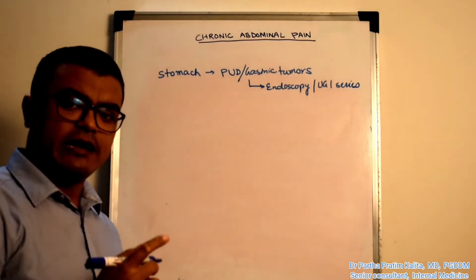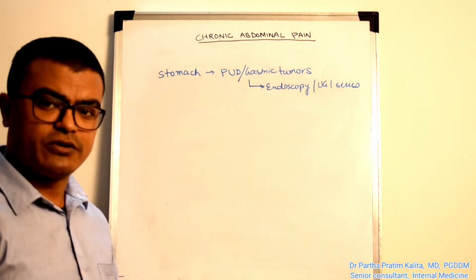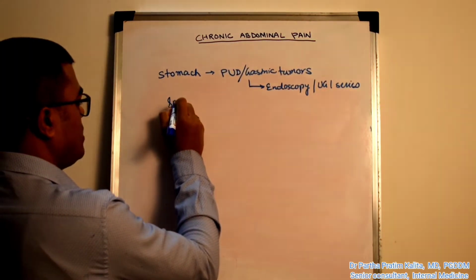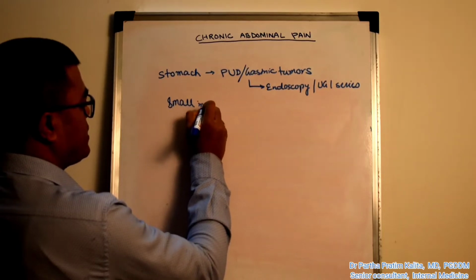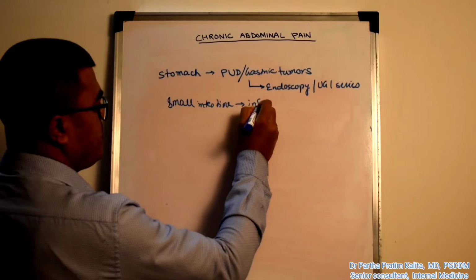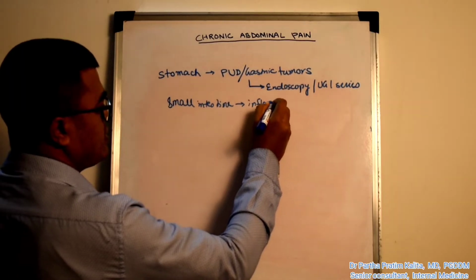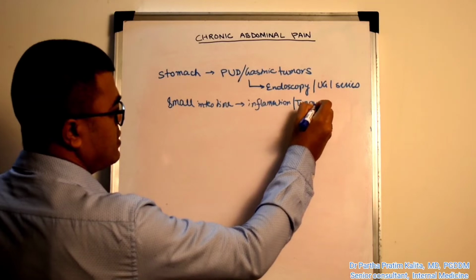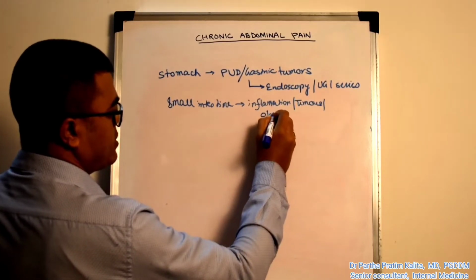Next, the other organ that can cause chronic abdominal pain is the small intestine. In the small intestine, there can be inflammation or there can be tumors or obstruction.